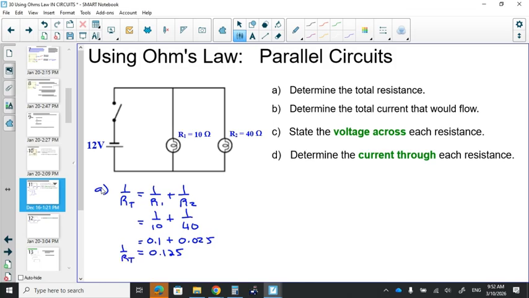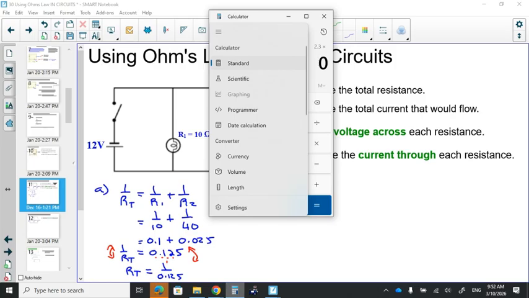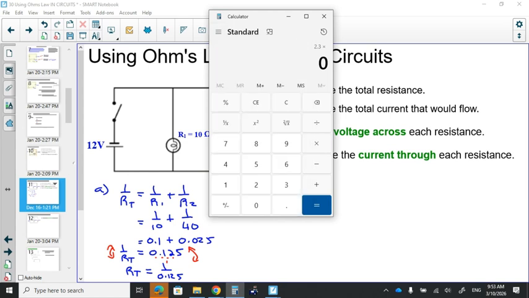So an easy math step for this is just to flip both sides, understanding this is over a 1, right? And so we end up with total resistance equaling 1 over 0.125, which you can then calculate. So 1 divided by 0.125.